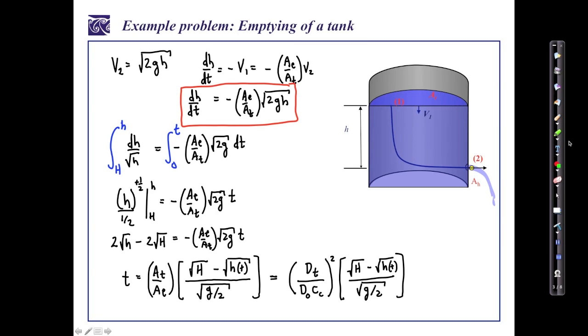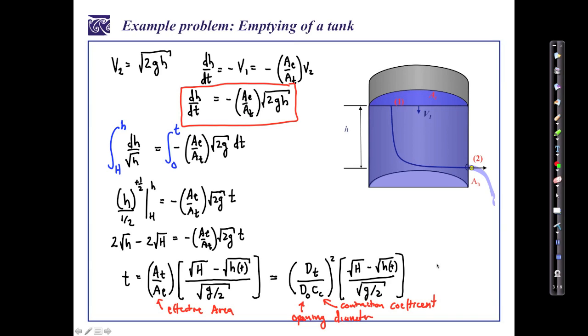Also in the second form that I have over here, I changed the cross-sectional areas into diameters, and I changed the area of the exit, where this was the effective area, to be the actual opening diameter times the contraction coefficient, which is from the vena contracta effect due to the nature of how the opening looks.